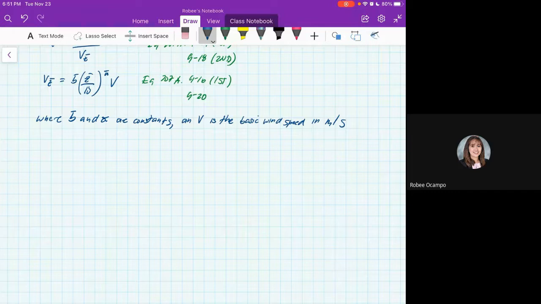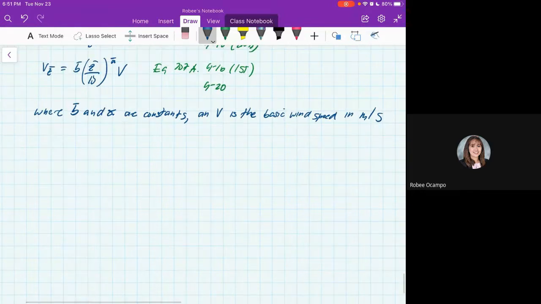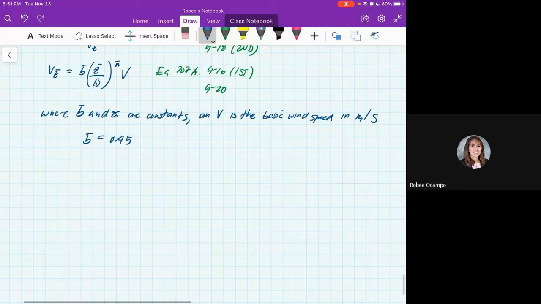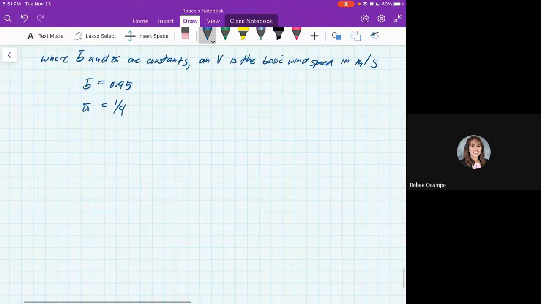Okay. Now, based on the table 207A.9-1, our B bar is 0.45 and alpha bar is 1/4. Okay?